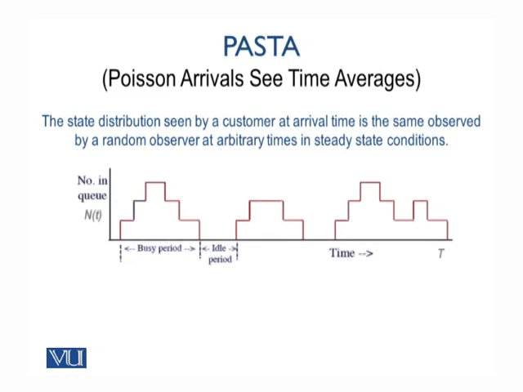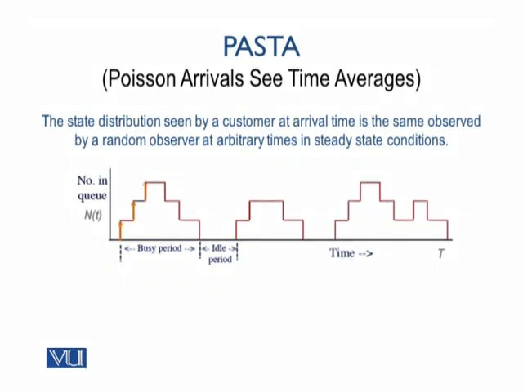Instead of now calculating the time average as, first of all, taking the area under the curve and then dividing it by the entire time, we can actually just inspect the number of customers in the queue just at the arrivals. And the arrivals would look at the customers in this system without considering themselves.